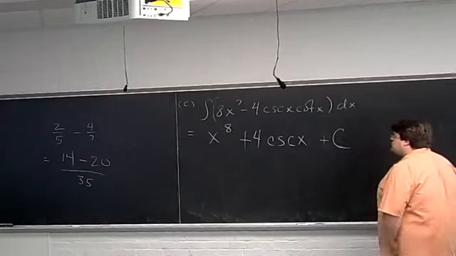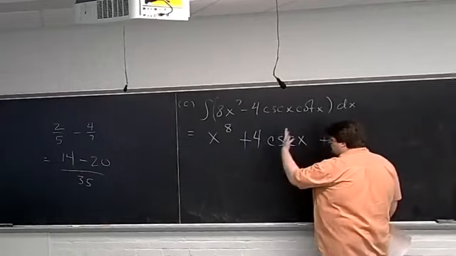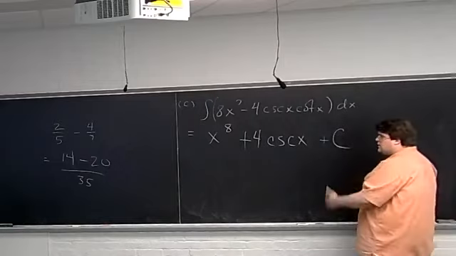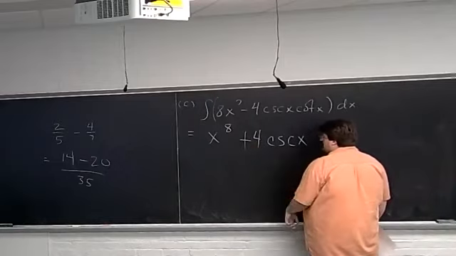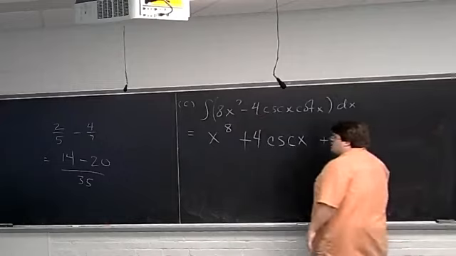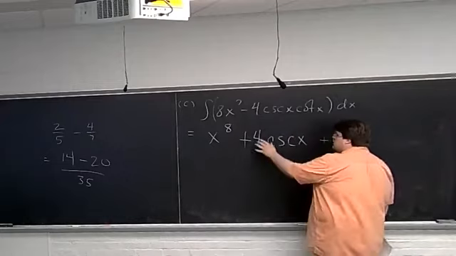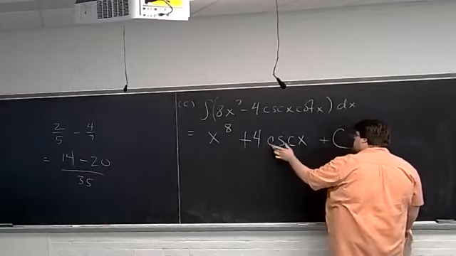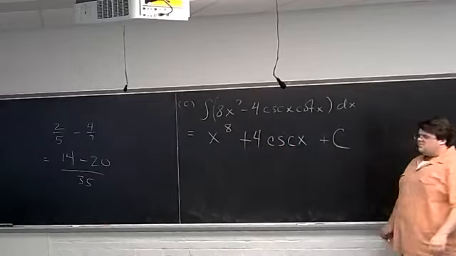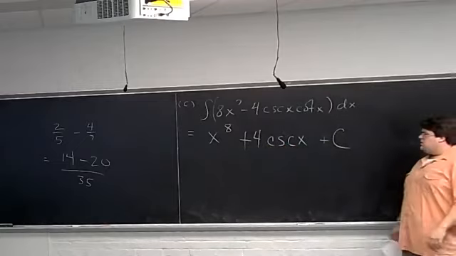And I should have done this for part B, but we can in this step check our work. A lot of the time, to make sure the signs are correct with trig functions, I just write one of the signs and then adjust like I did in this one. Derivative here, 8x to the 7th, positive 4 times negative cosecant x cotangent x. So that does work.